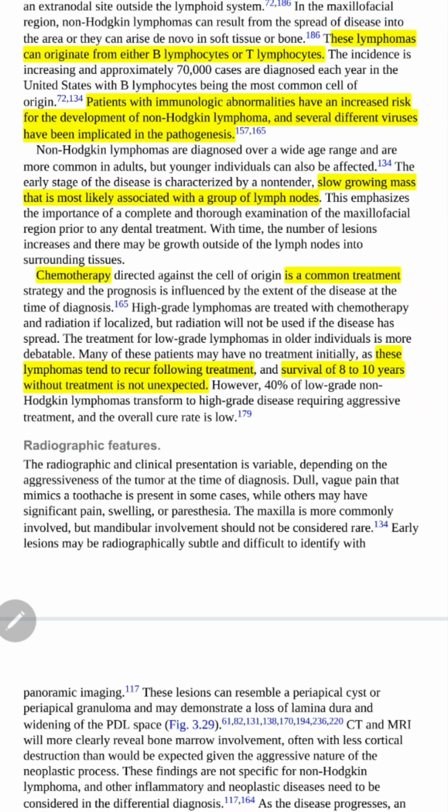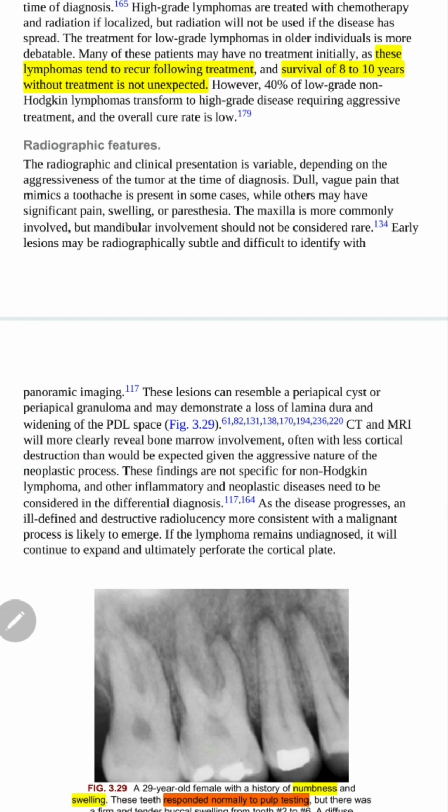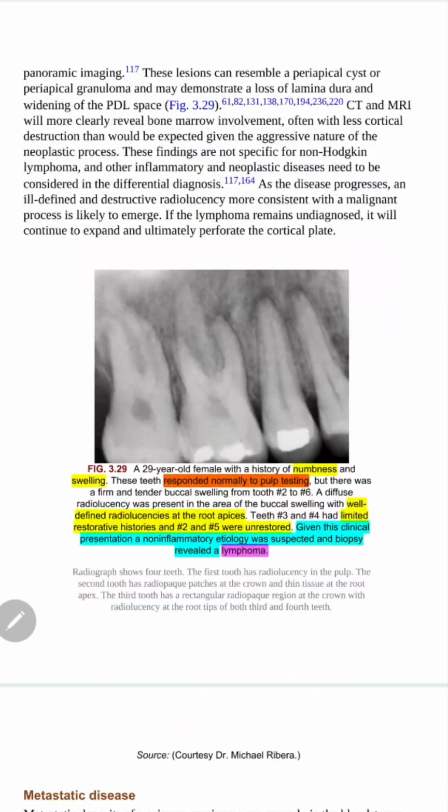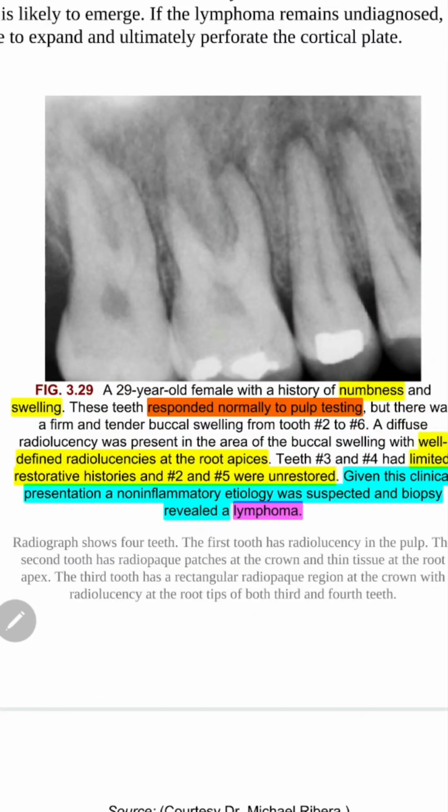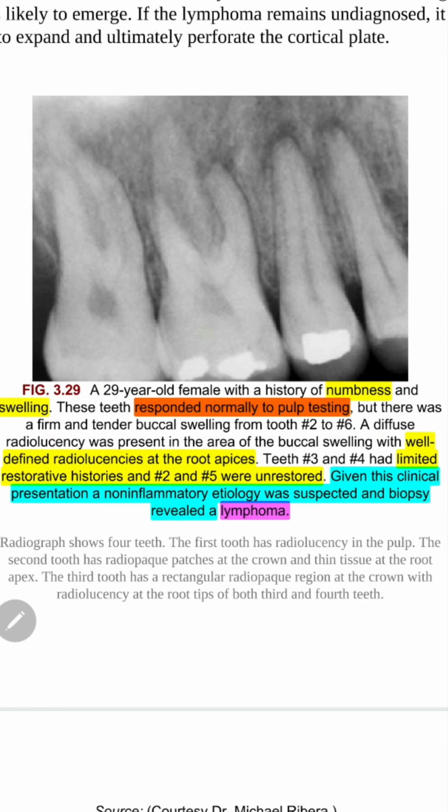These lesions are slow growing, and they are associated with a group of lymph nodes. Usually chemotherapy is the common treatment, and if the patient refused any treatment, a survival rate of 8 to 10 years is common.